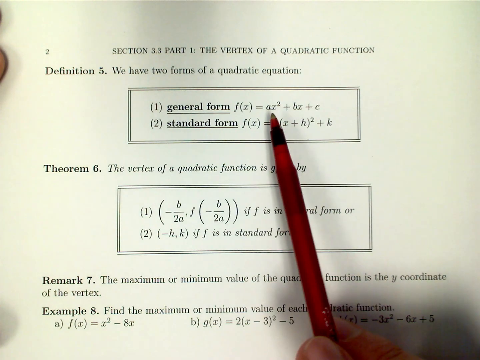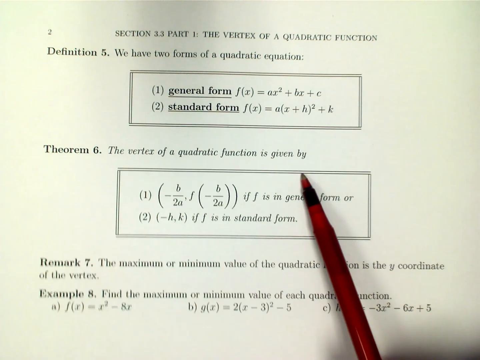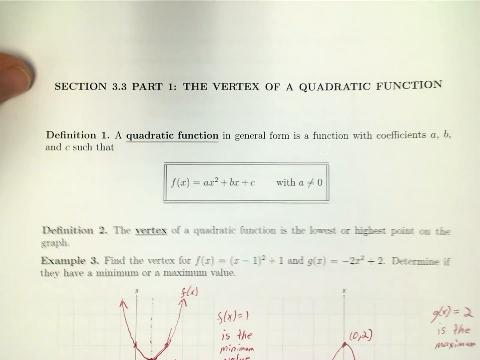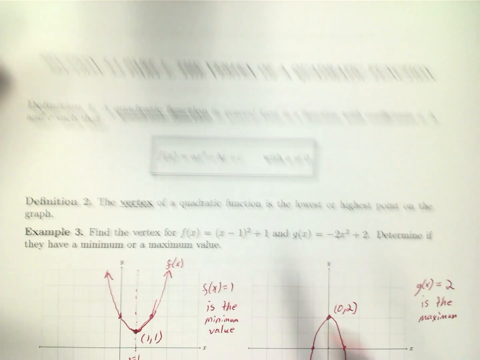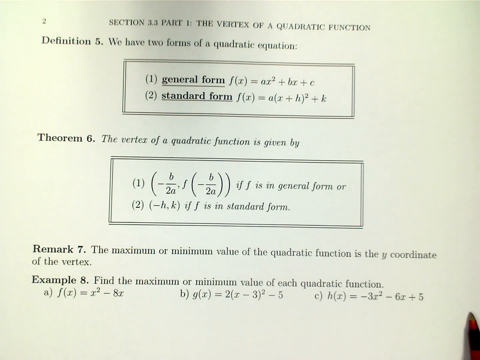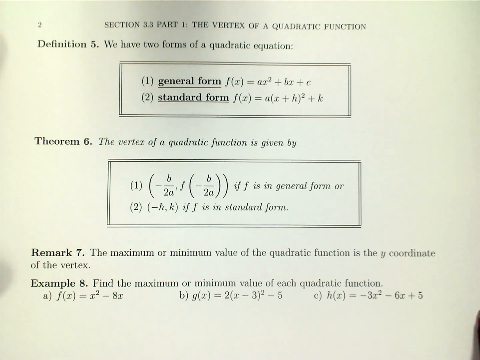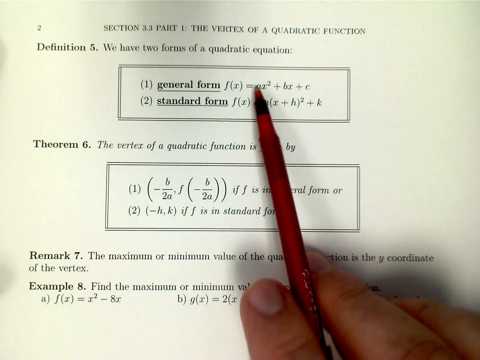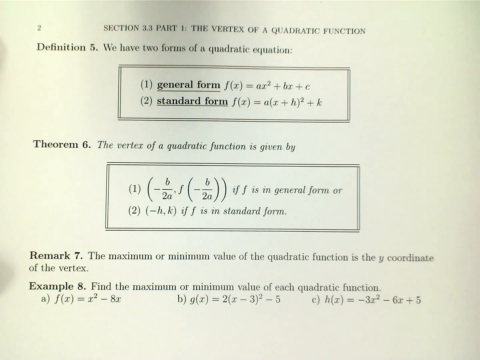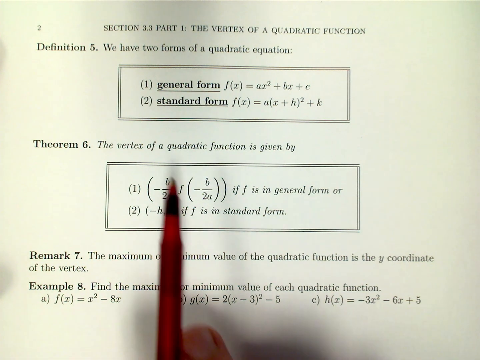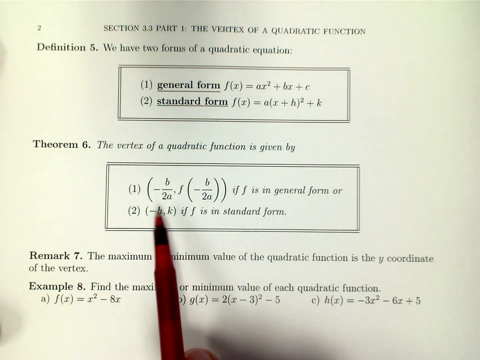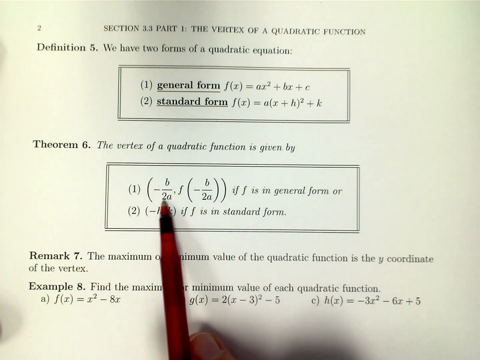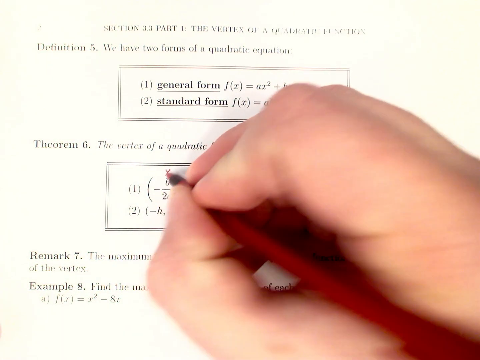And depending on which form you're looking at, we have a's in both cases. The a in front of this one was 1, so it was positive and thus up. So we can tell if it's going to be a maximum or minimum. But the way we find the vertex is given by these two formulas. Again, the vertex is a point, so we have both an x and a y.